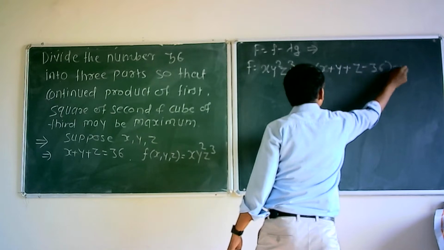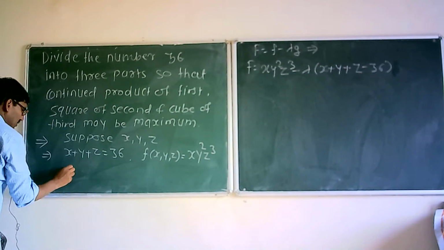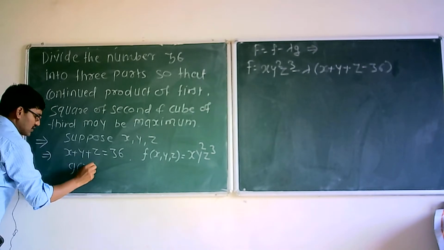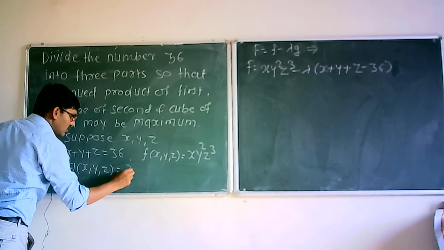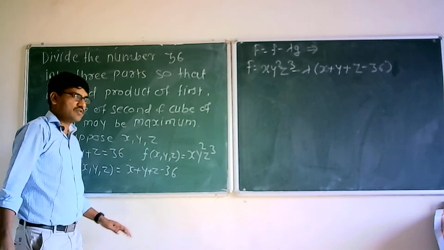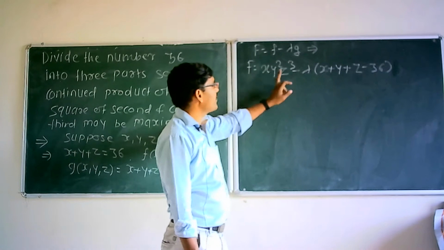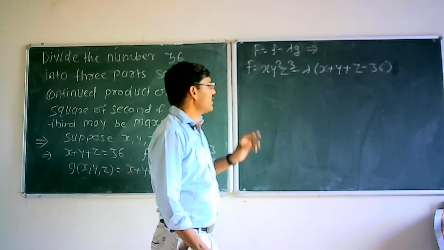That is, what is your g? g of x, y, z is equal to x plus y plus z minus 36. So this is g, and this is an auxiliary equation. If we put f minus lambda g, we get the auxiliary equation.